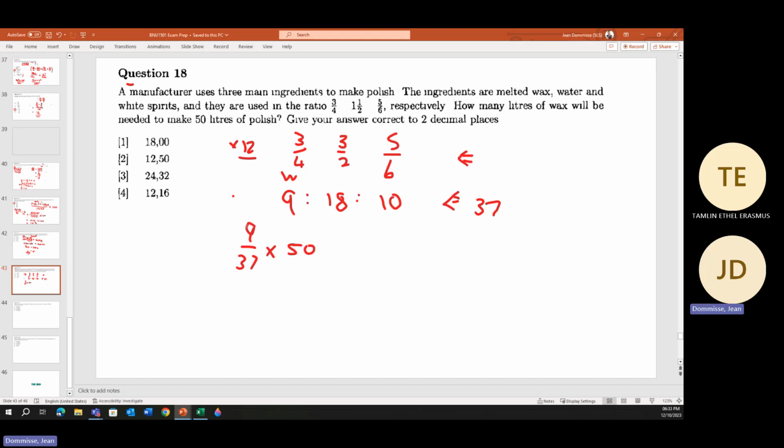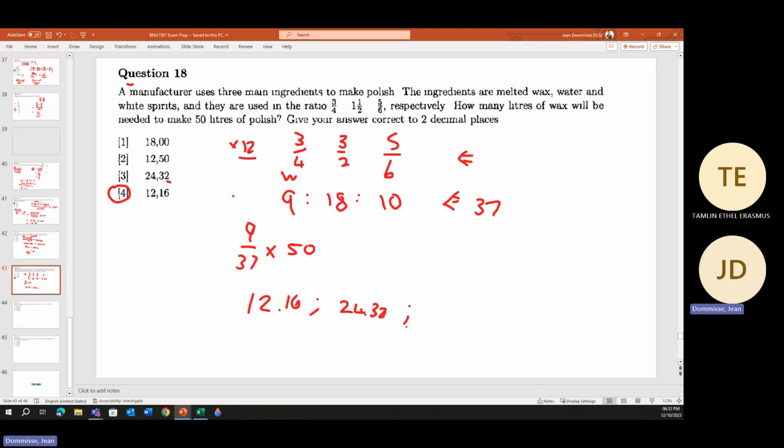Okay, so let's hope that is there. 9 divided by 37 times 50 gives us 12.16. Which is there. Okay, let's just check. 18 divided by 37 times 50, so your second one, would have been 24.32. Okay, so it is there, so at least we know that is right.